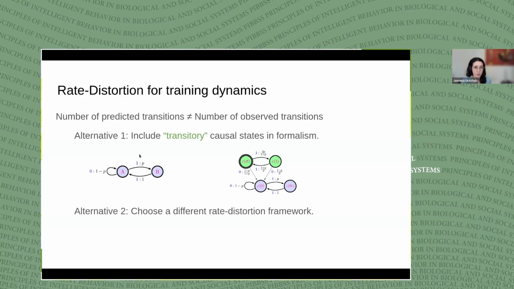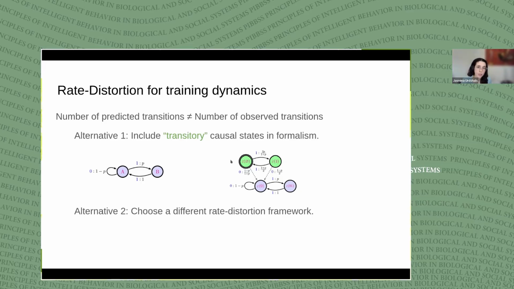And the ambiguity in this process would be if the first symbol we observe is a 1, and we keep observing 1s, this would be this loop here, we don't really know whether we're in state A or B. And once that ambiguity is resolved, which will eventually happen by observing more symbols, then we can recognize which state we are in, and we would find our causal states, our infinite time causal states.